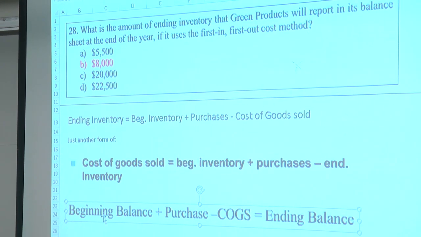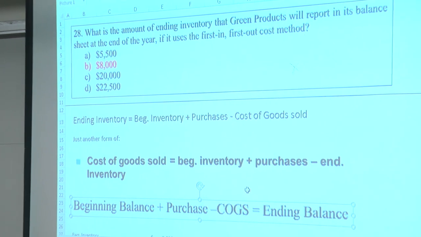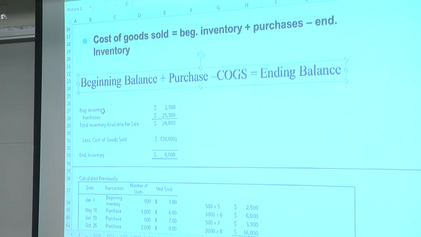So the equation is probably most intuitively seen this way: beginning balance plus purchases minus cost of goods sold equals ending balance. So you don't have to go and try to memorize all these equations. You can algebraically move the terms around from one side to the other to know ending inventory subtracts cost of goods sold and things like that. But if you can try to remember it as a timeline, that's always going to help you figure it out if the formulas are not easy to memorize for you or they don't stick in your head.